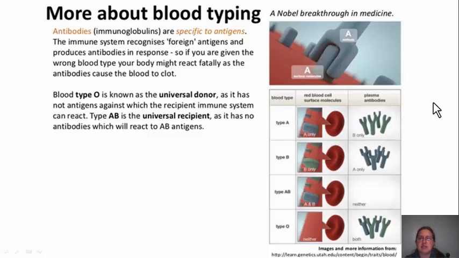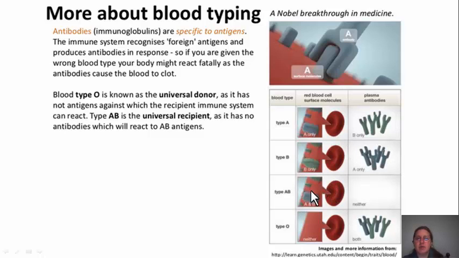Okay, so here you can see, if you have the square shape, in this case, for type A on the blood cell, then you have the opposite antibodies in the blood. If you had the B type with the pointy antigens, then you have the square-shaped antibodies.